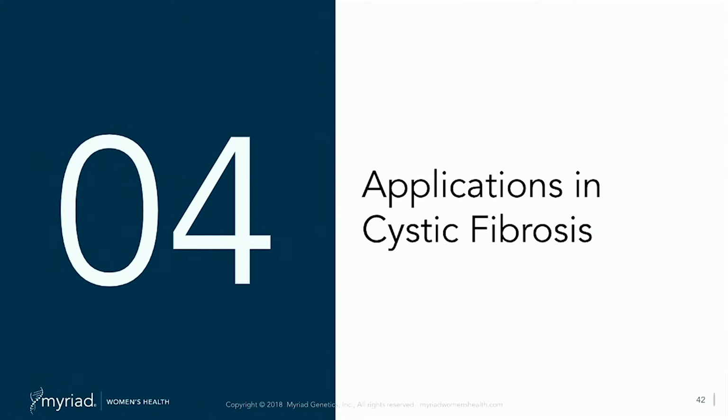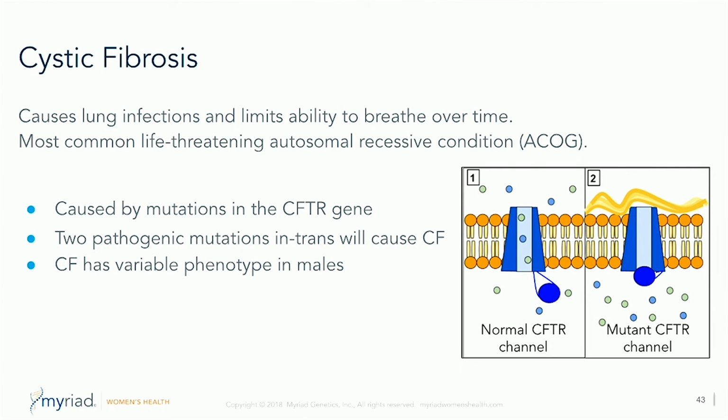So to wrap up, I wanted to talk about an application in cystic fibrosis. Cystic fibrosis is one of the most common autosomal recessive conditions according to ACOG. It's caused by a mutation in the CFTR gene, which codes for the CFTR protein. The CFTR protein acts as a channel on the membranes of cells to control the flow of water and ions in and out of the cell, especially in the lung.